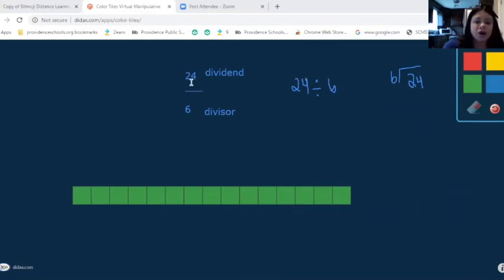So I'm going to start off by making a total of 24 boxes. So we have 1, 2, 3, 4, 5, 6, 7, 8, 9, 10, 11, 12, 13, 14, 15.